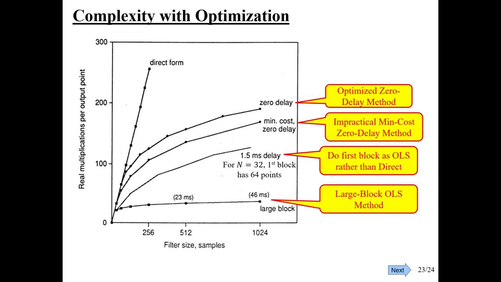So that's what we accomplished here. A nice algorithm that if we need absolute zero latency, we can get it. If we don't need absolute zero latency, we can give up a little bit of that and reduce the complexity a lot. And that's what Gardner's algorithm does for us.